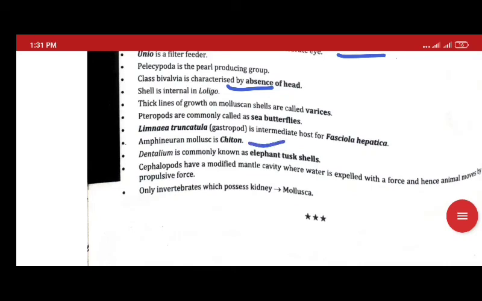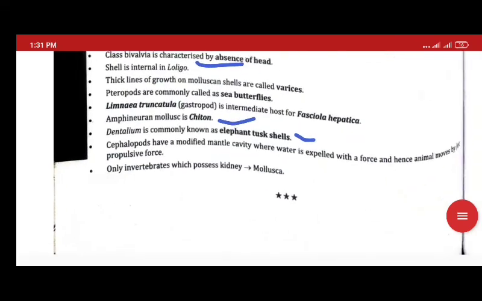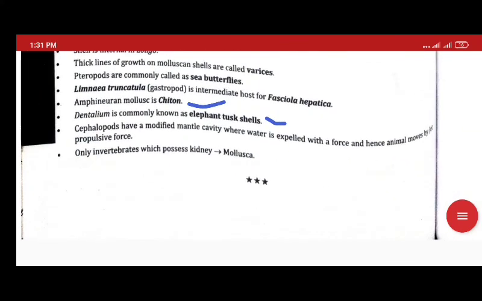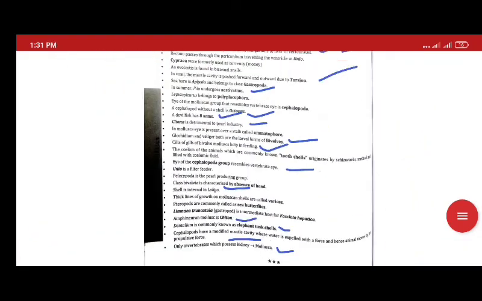Dentalium is commonly known as elephant tusk shell. Cephalopoda have a modified mantle cavity for water. Now, the only invertebrates which possess kidney are Mollusca, because in Mollusca we have the kidney as the excretory organ. It is more developed than in the others.